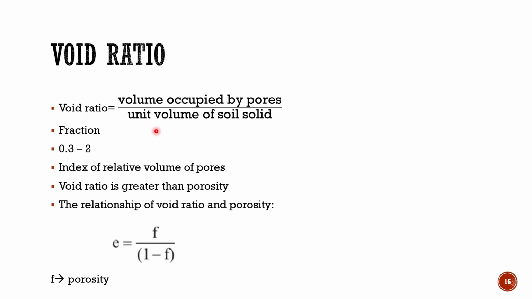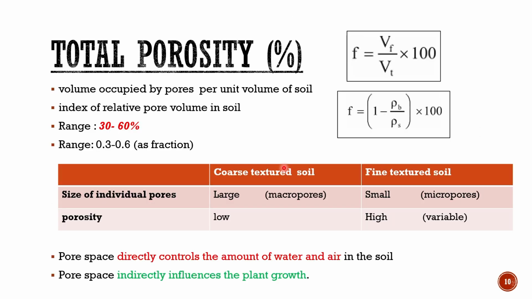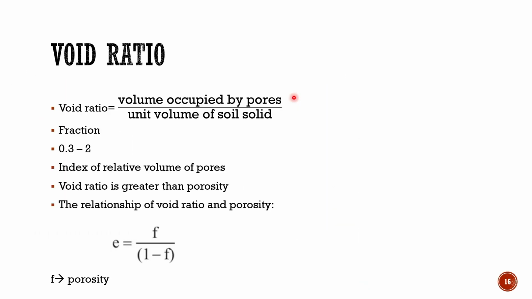These are inversely proportional. If this is less, this is more. So void ratio is greater than porosity. In the equation of porosity, we are dealing with per unit volume of soil, and the soil solid is a part of the total volume of soil. So void ratio will be greater than porosity.